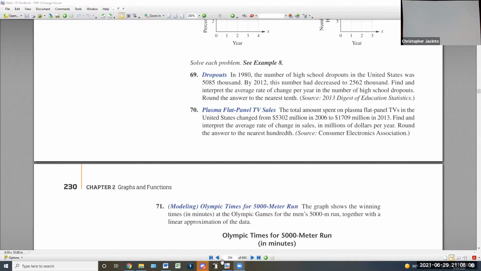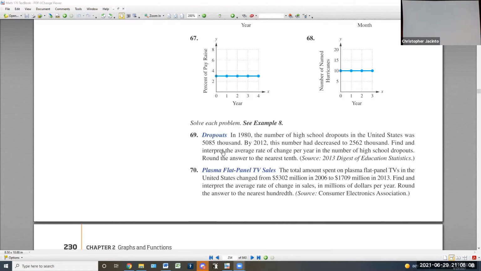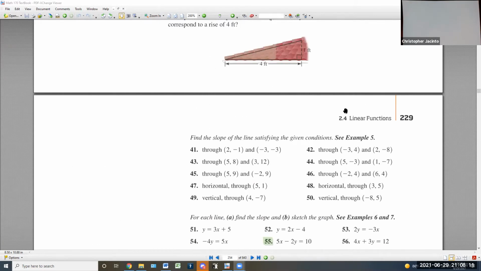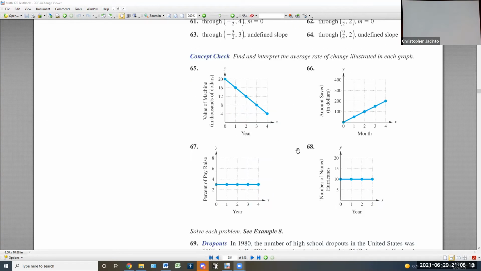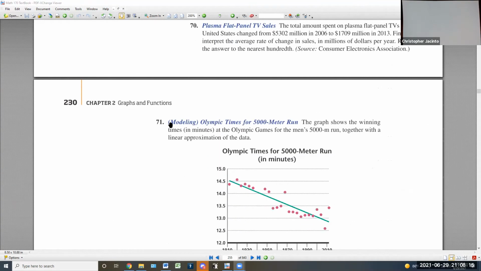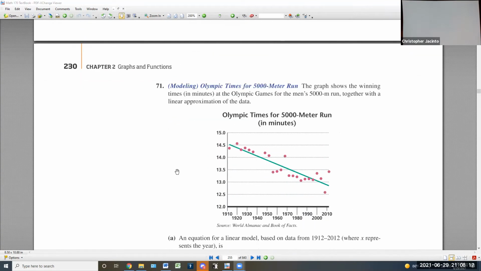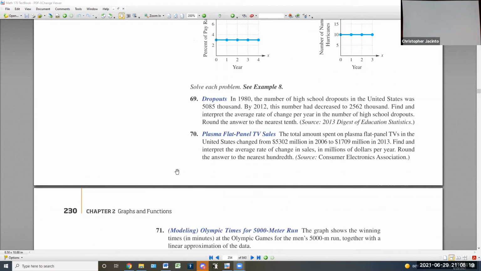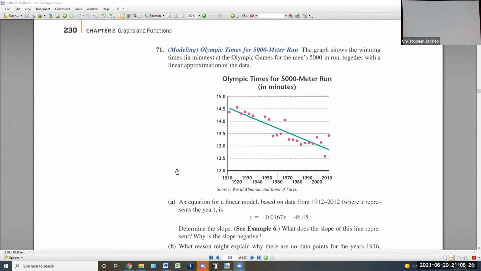And it's this one from your homework. So for your homework, in section 2.4, you have to do 69 and 71. Okay. So these are the applications of slope and stuff like that.